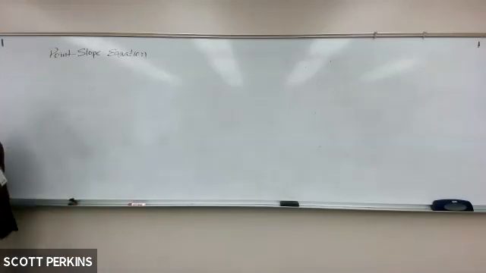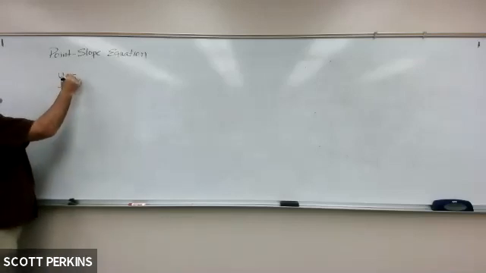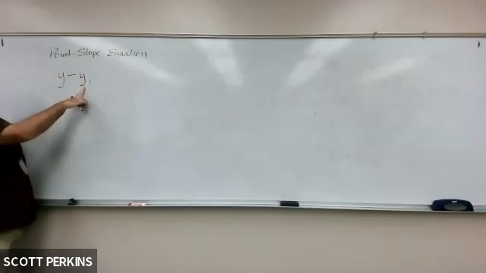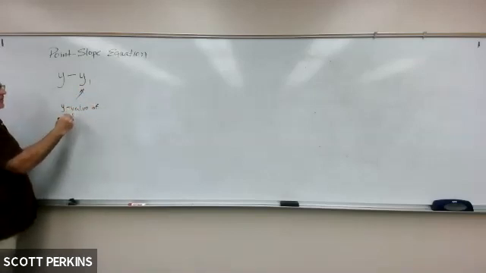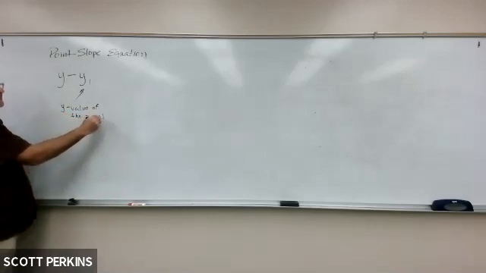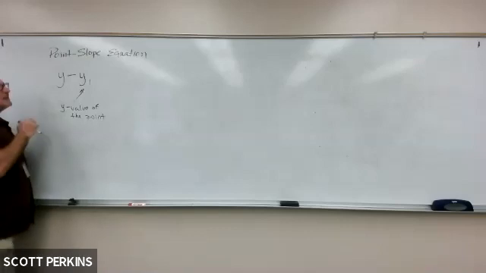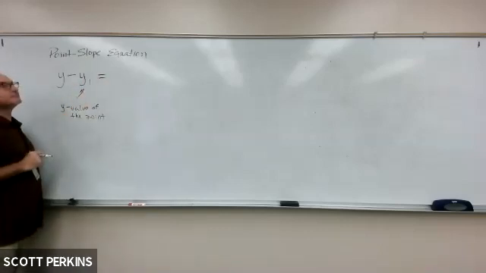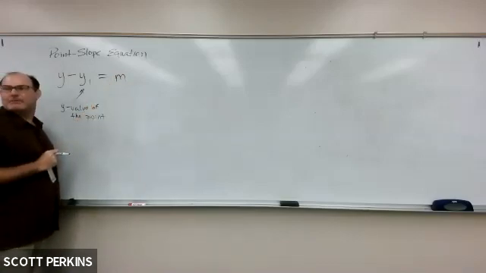So here's the point slope equation. It goes like this. On the left side, I've got y, that's my variable y, minus y with a little 1. That's going to be the y value of the point. If you need to make a little note for yourself, I will do it right here. This is the y value of the point. Equals m, that's the slope, we've seen that before.